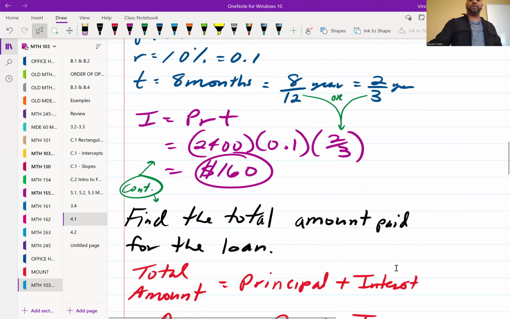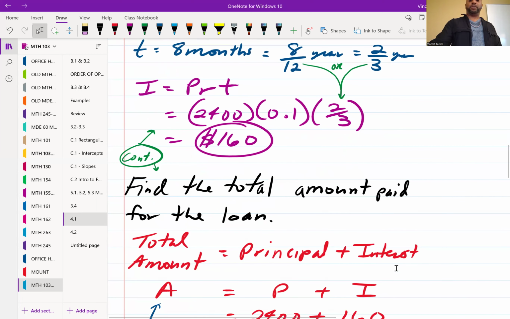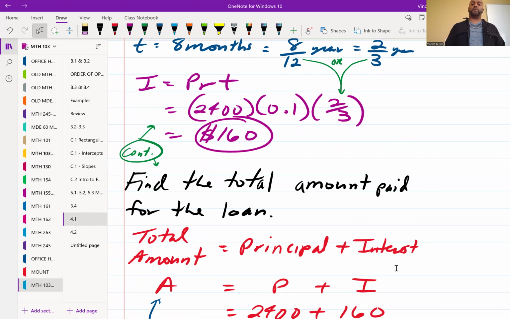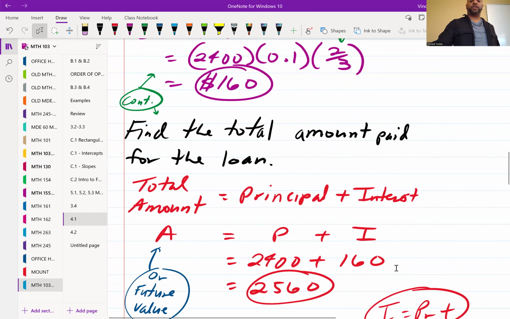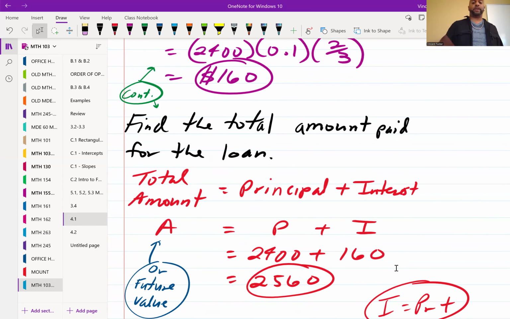The principal plus the interest is what that total amount will be. And the letter we'll use for that total amount is A, and it's sometimes referred to as future value. So A is our future value, and that's equal to P plus I. So that's 2,400 plus the 160, and that'll be 2,560.